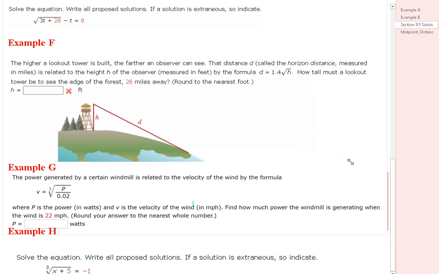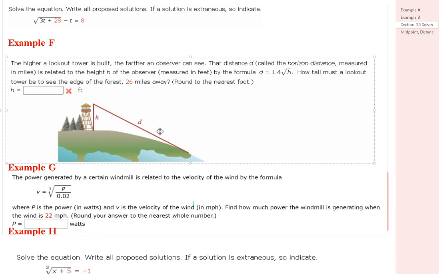Let me make that a little bit bigger. And for the life of me, I'm not sure how they actually calculated this, because the way I see this problem is that it's kind of a trig problem or a Pythagorean theorem problem. Something we'll do in the next section. How far you can see before you reach the horizon, you can't see any farther. A lookout tower is built.